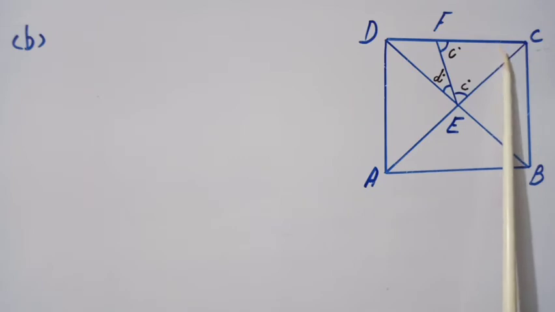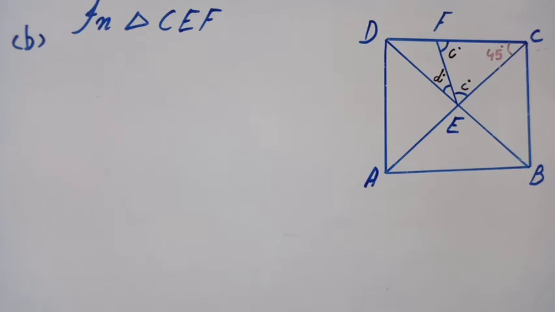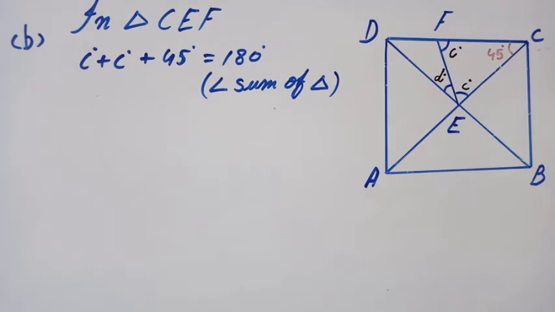So this is 45 degree. At point C, the angle ECF is 45 degree. Clear? So in triangle CEF, the sum of all the internal angles of a triangle is equal to 180. Now solve it just like an equation and find the value of C.